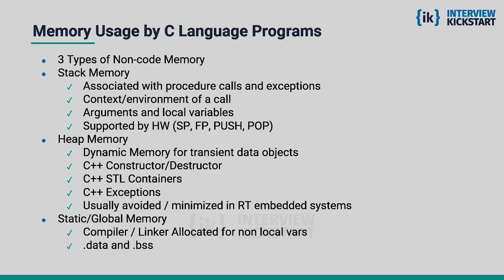In general, in embedded systems, especially real-time embedded systems which require predictable response times, it is better to avoid heap memory because there is no hardware support for it, so it has to be implemented in software, and it is part of the runtime of the language.